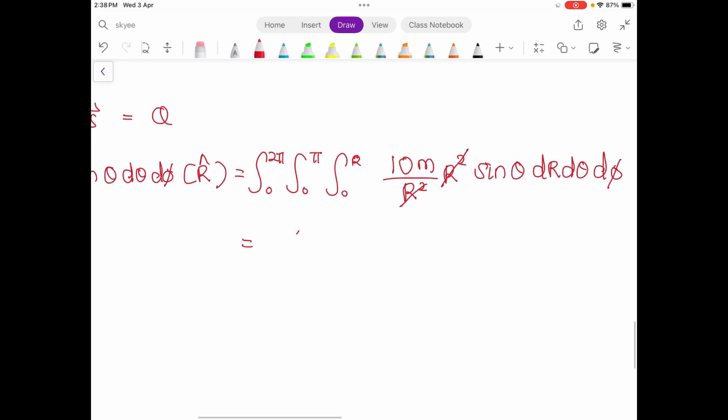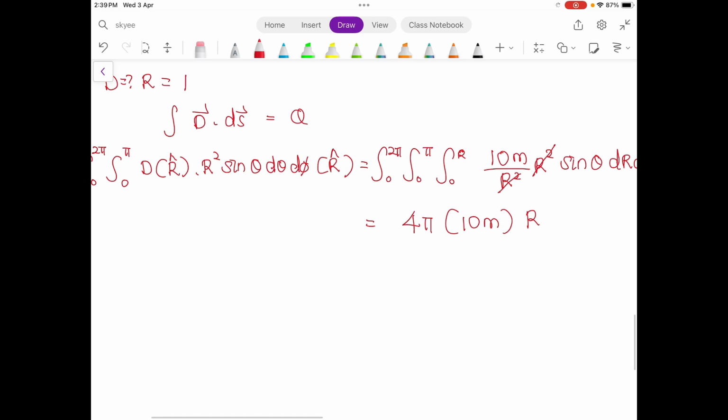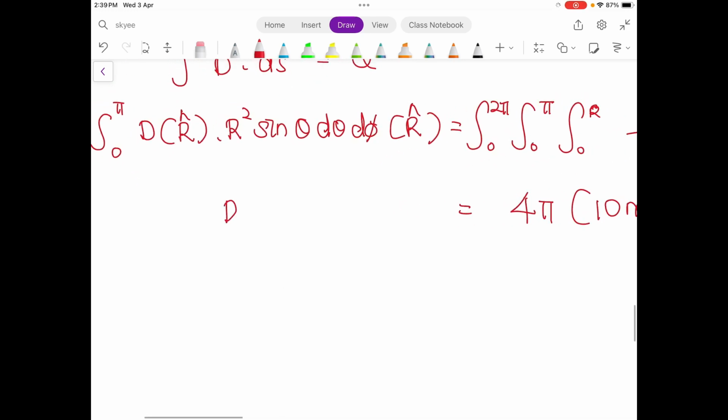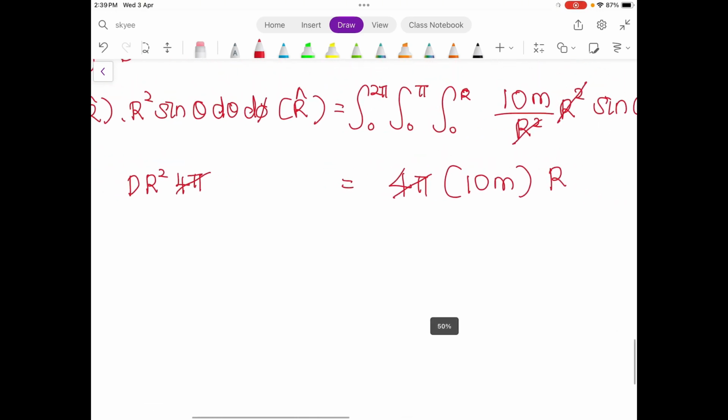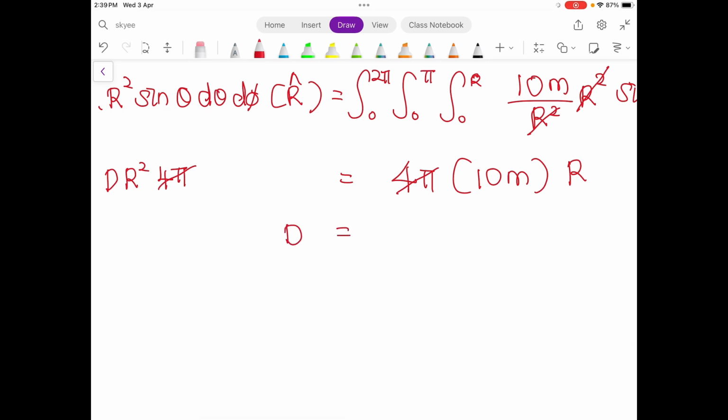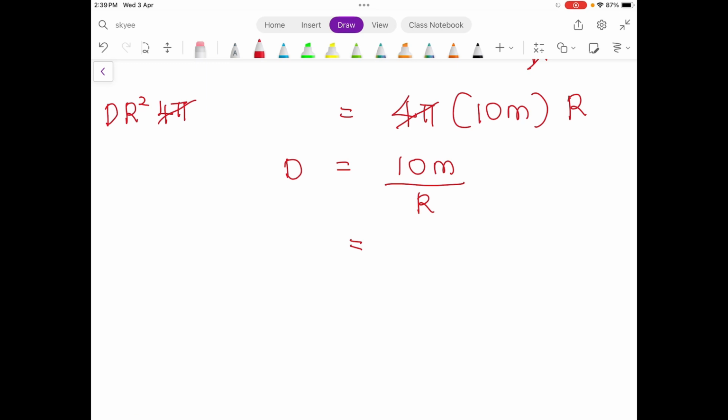Over here you will have 4 pi multiplied with 10 milli, and then you have the R. On the other side you are familiar with it, it is D R squared 4 pi, so you can cancel the 4 pi, and the D would be 10 milli over R. So when R equals 1, you will get 10 milli.